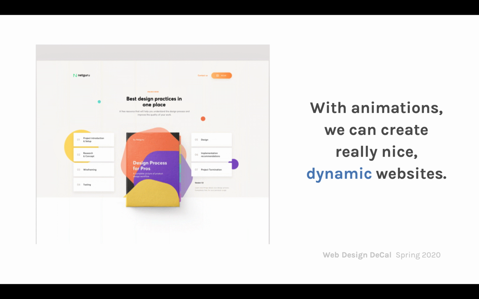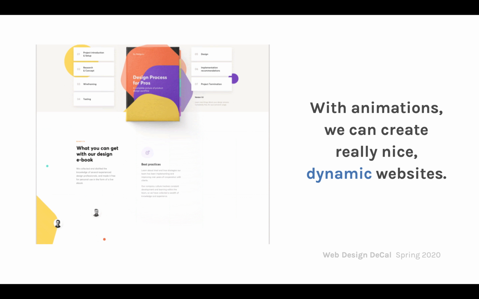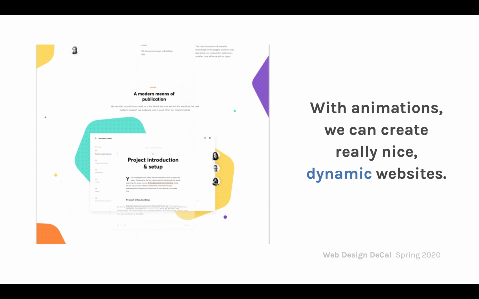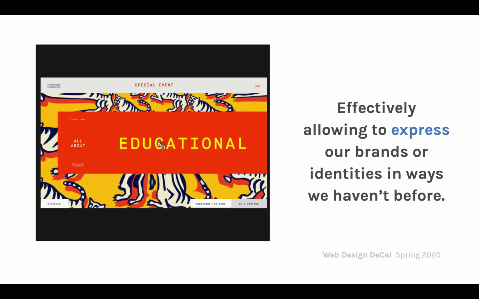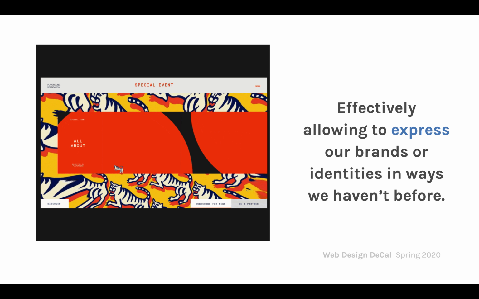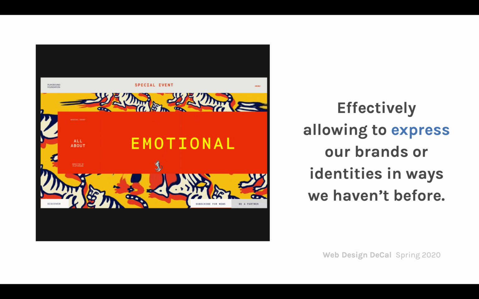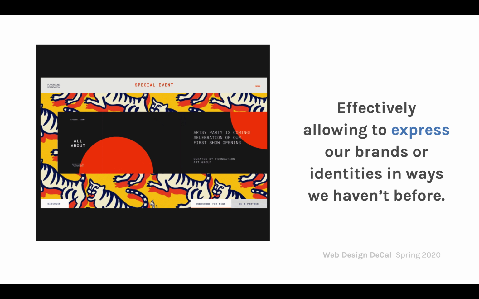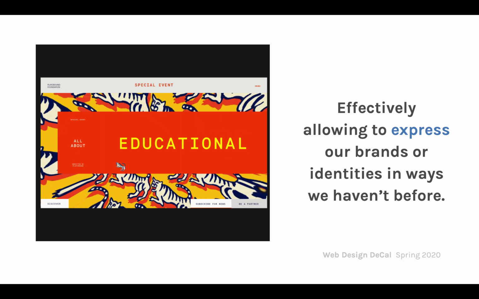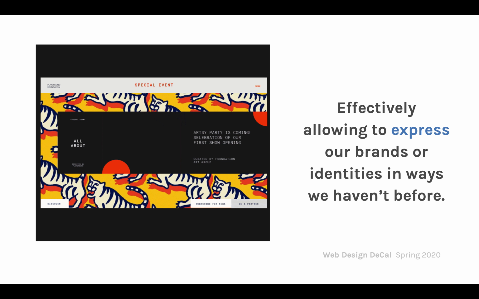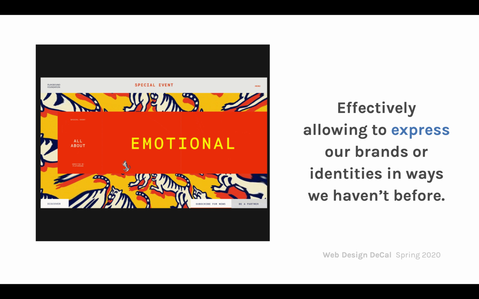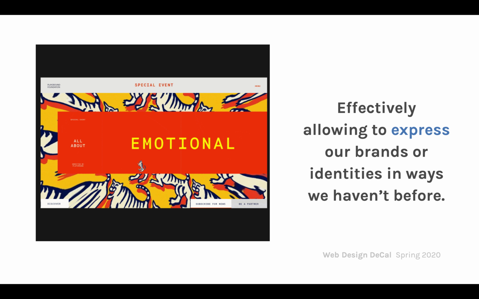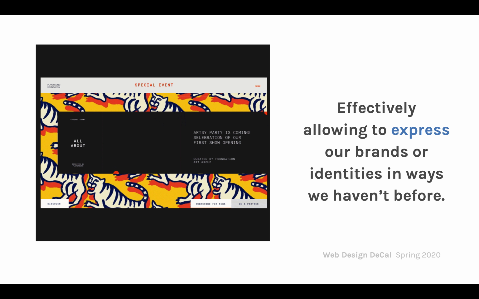This GIF is playing pretty slowly, but if you check out the slides, animations can do a lot for a website. On top of making a website dynamic, we can also effectively express our brands in a way that hasn't been done before. I think it was last week I talked about image usage in the design lecture, and I said image use definitely helps with effective expression of our brand and identity through these websites.